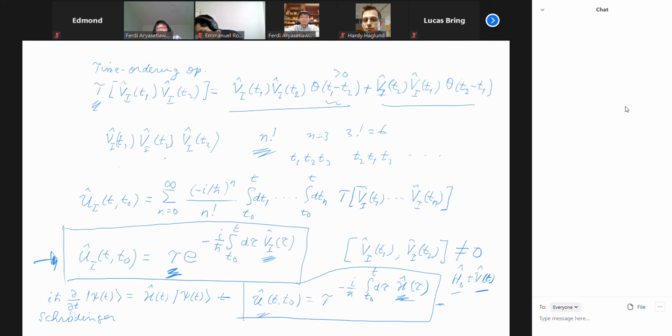So this is the time development operator in terms of the potentials V. If I have time here, we can continue a little bit, just 4 or 5 minutes.